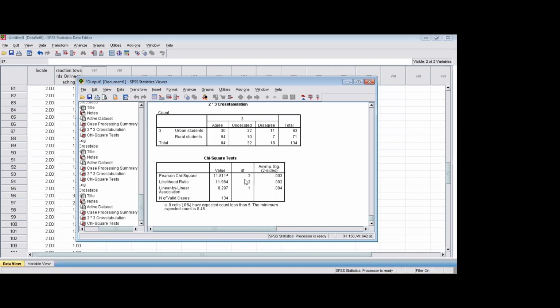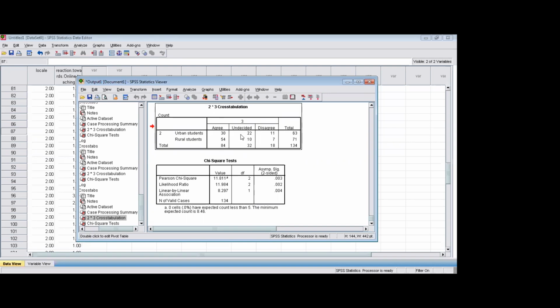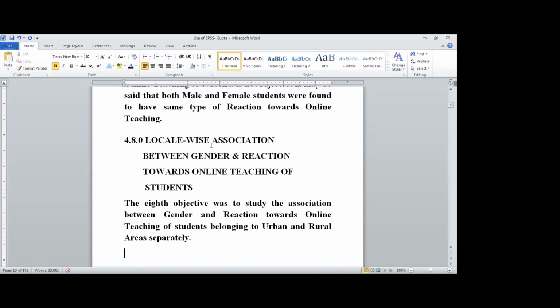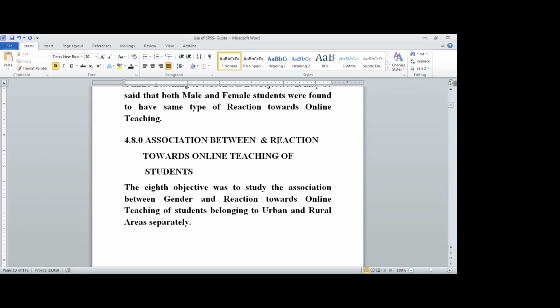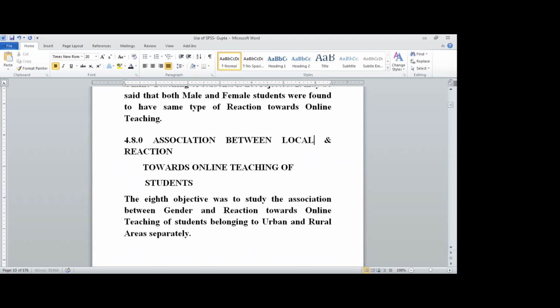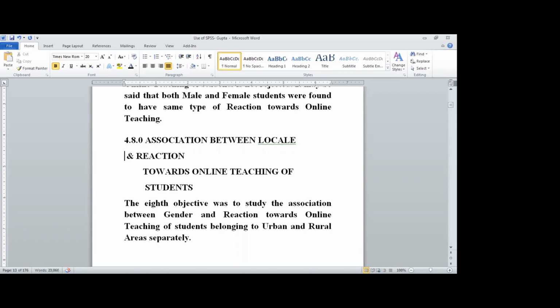So let us write here: association between locale and reaction.